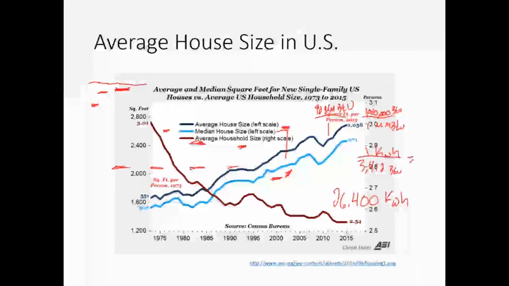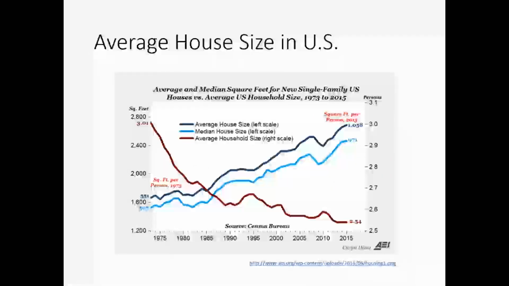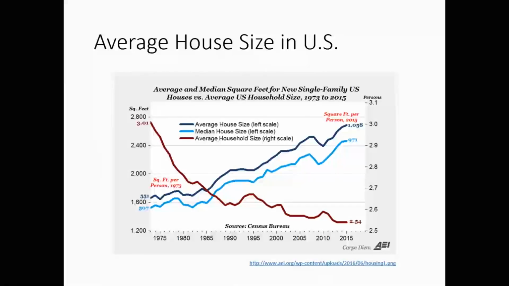So, other insights as to why our energy use has gone up in relation to past energy use. The square foot per person in our homes has gone up from around 500 to 1,000 square feet per person. We're at 1,000 something square feet per person.